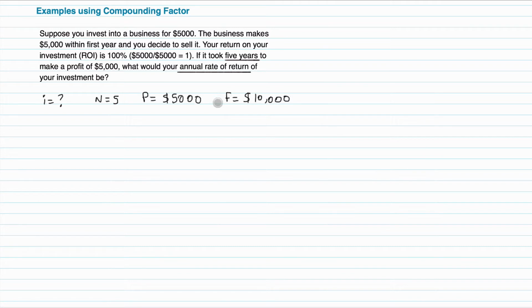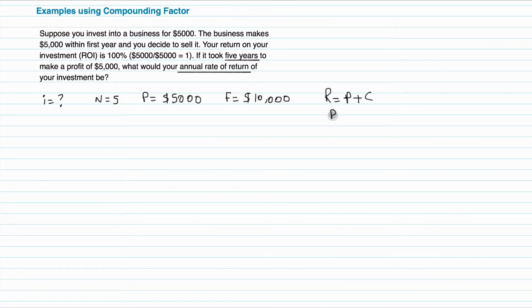Why is it 10,000? Because we invested 5,000, and that's our cost. So our revenue is equal to profits plus cost. So in 5 years our revenue is $10,000.